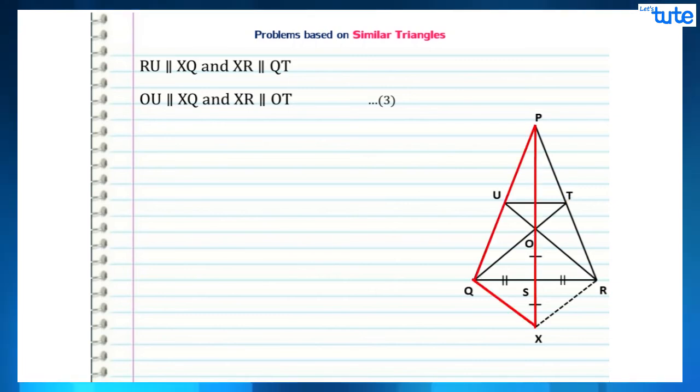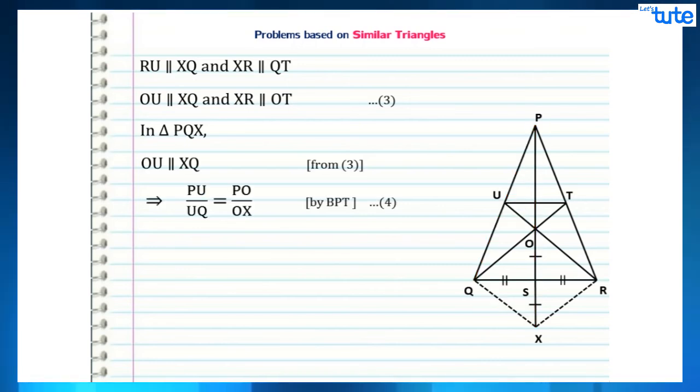Now, in triangle PQX, OU is parallel to XQ. Therefore, by basic proportionality theorem, we get PU upon UQ equals to PO upon OX. We'll consider this as equation 4.